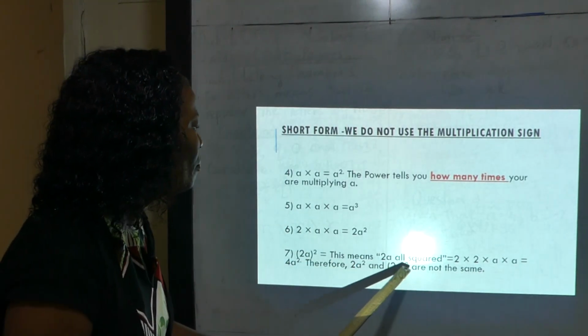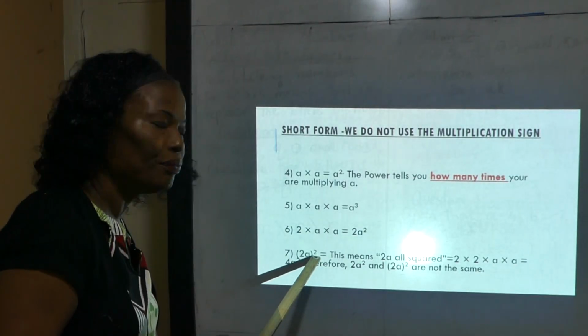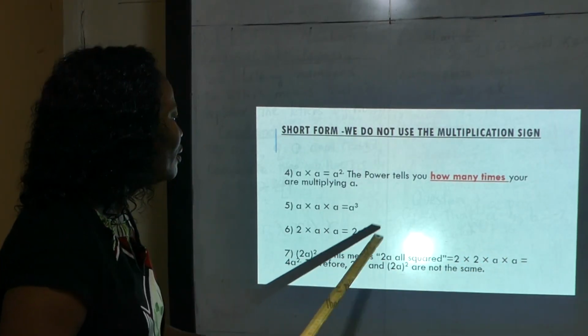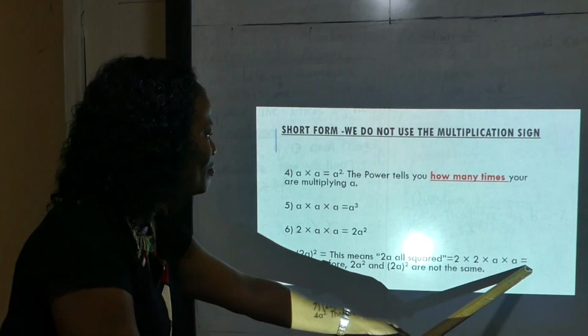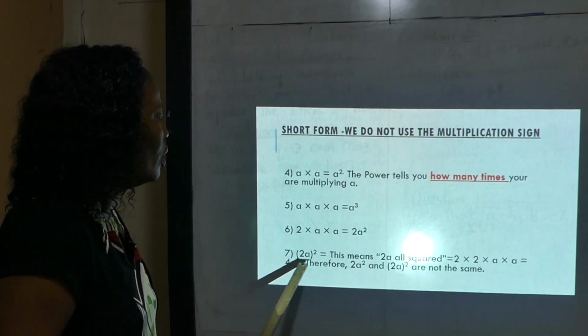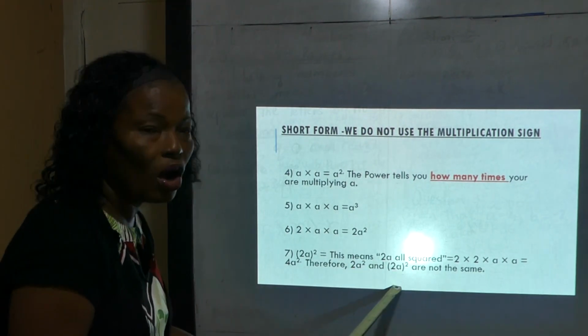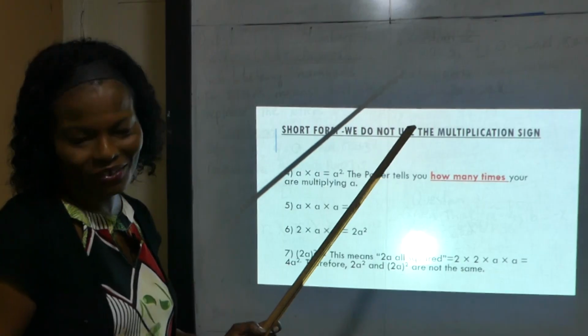So it means, therefore, that you have to touch the 2 and you have to touch the A. It means 2 times 2 times A times A. Therefore, that gives me 4A squared. 2 2's, 4. A times A squared. Therefore, let's conclude 2A squared and 2A all squared don't mean the same thing. Get that? All right.